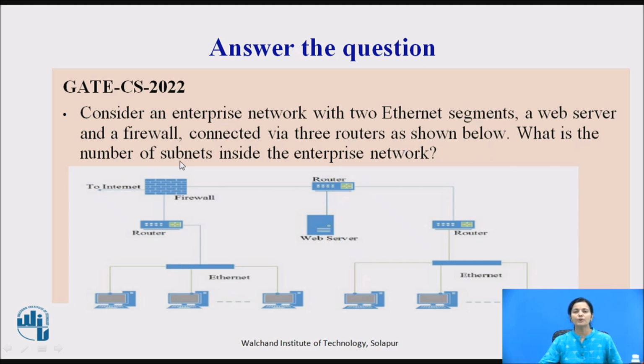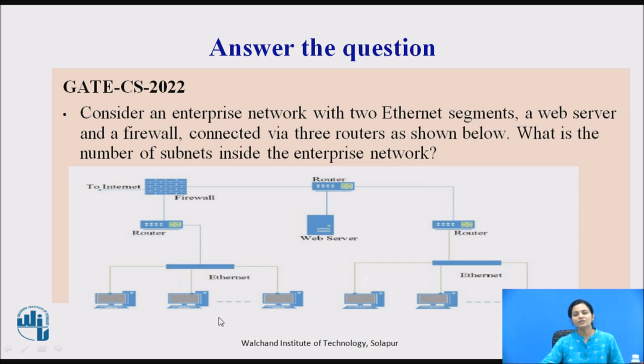What is the number of subnets inside the enterprise network? You have to find out how many subnets are in the enterprise. Try to answer it. Now, how many routers are there? Here one router, here one router, here one router, and it is also mentioned that there are 3 routers.